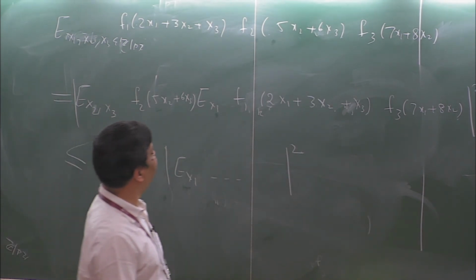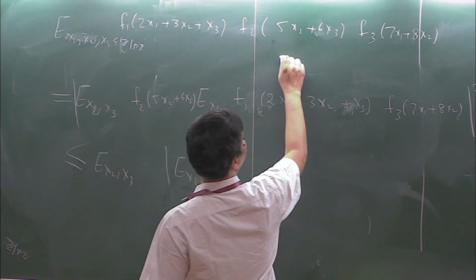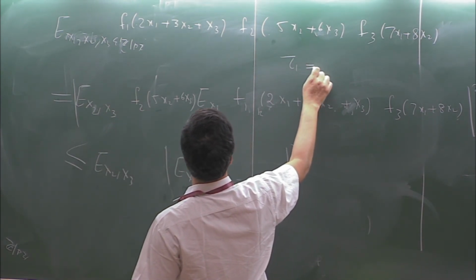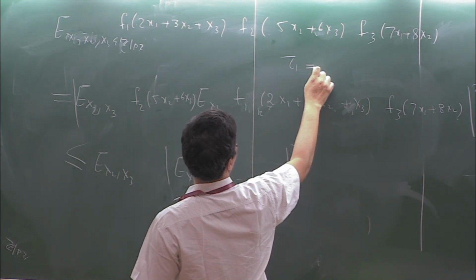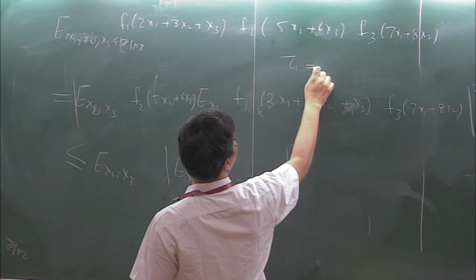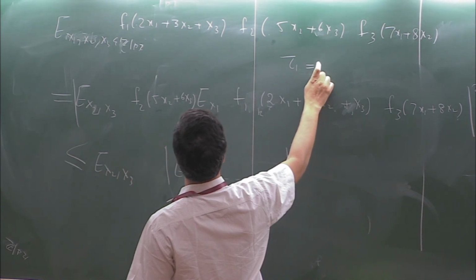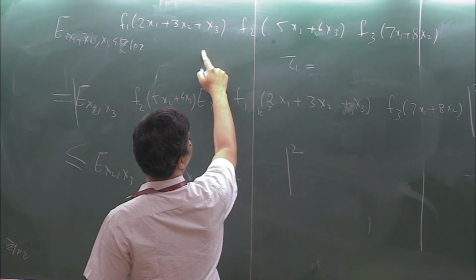So in this case what is gamma 1 here? x1, x2 or x?